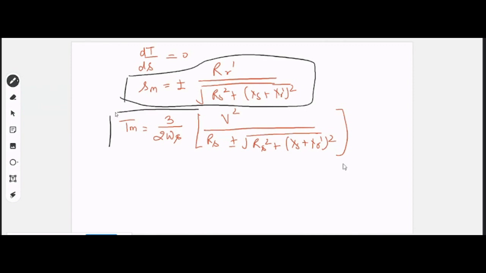These will be the two expressions, right? If you see this expression, you can see that the slip at which maximum torque will occur is directly proportional to the rotor resistance, right? What we can observe is the slip at which maximum torque occurs will be directly proportional to rotor resistance.